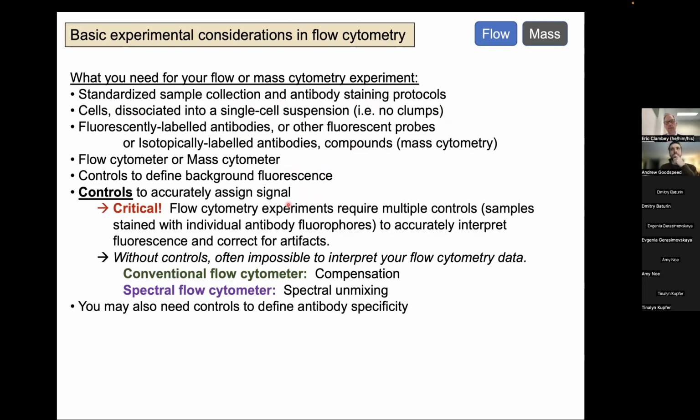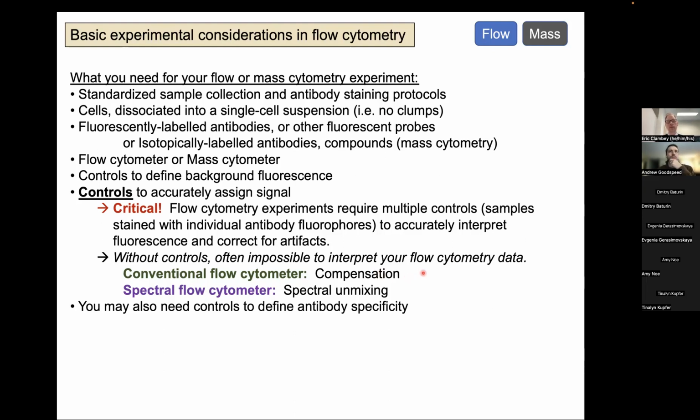Now, I can't emphasize enough, if you are doing flow cytometry, this requires controls. This requires samples stained with individual antibody fluorophores so that you can accurately interpret fluorescence and correct for artifacts. If you choose to do flow cytometry without controls, it's often impossible to correctly interpret your data.